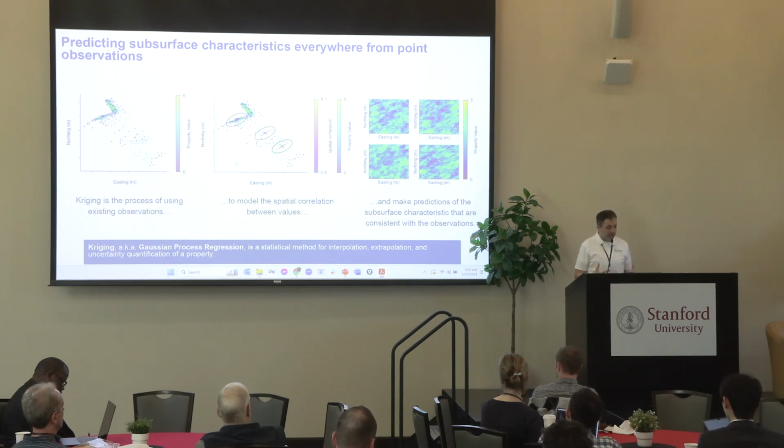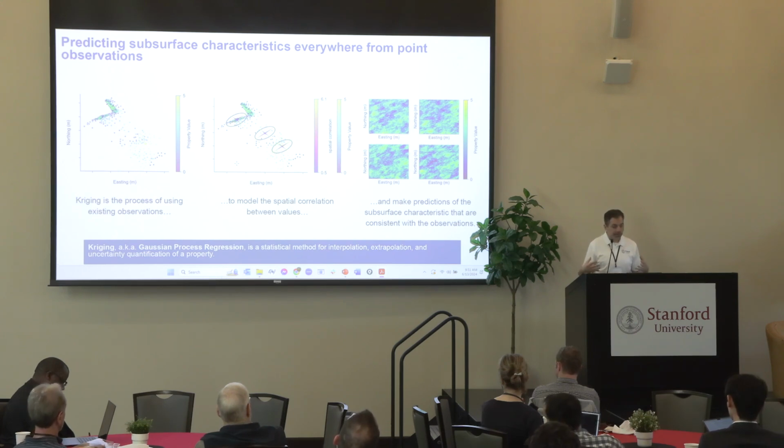So the typical approach would be to look at all of the data that you've collected so far and start to build up this spatial correlation model. And then you use that as the basis for all of your predictions going forward.